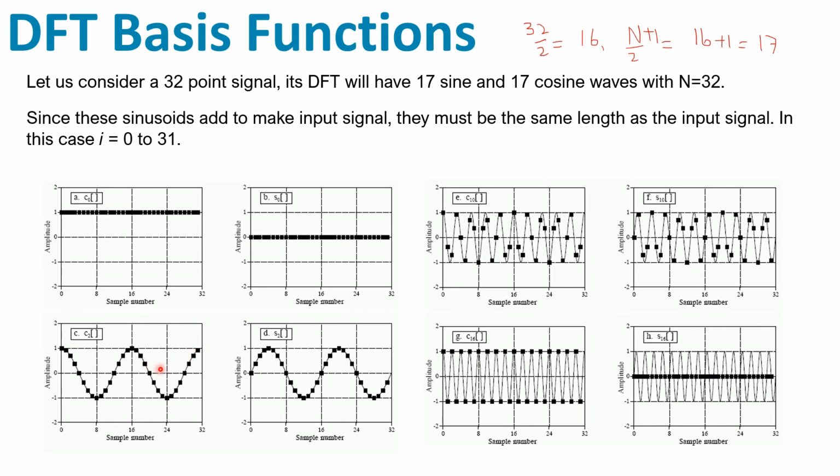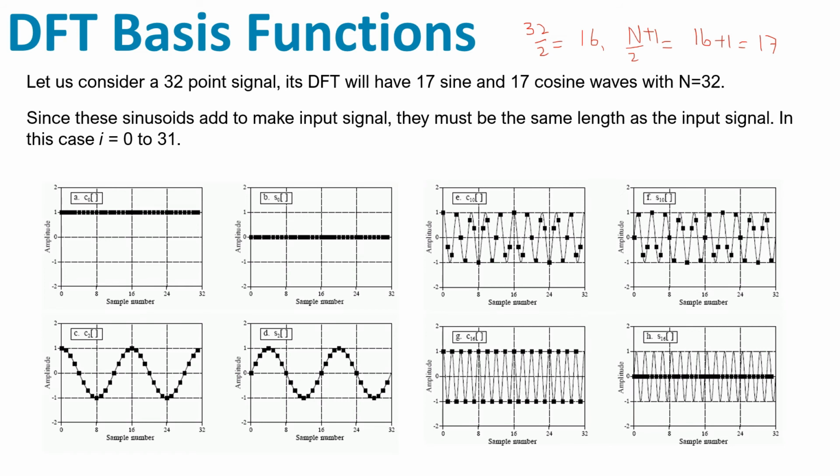So the sum of all these points in each of these C and S components forms the amplitude of cosine and sine waves in REX and IMX, meaning the real part of X will be composed of the amplitudes of cosines, and IMX, let me write it for you.